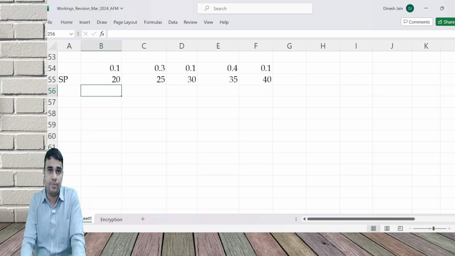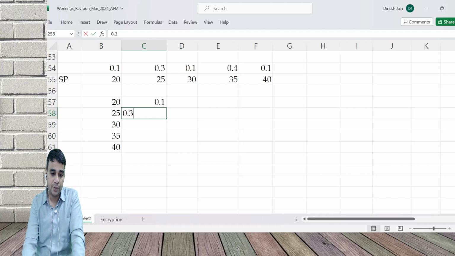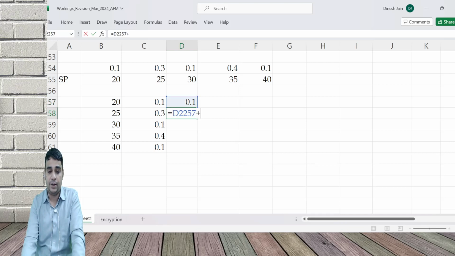Once you give these numbers, I will put this data in the form of a random number table. What is a random number table? Start with 20, 25, 30, 35, 40. These numbers are there, and the probabilities are there: 0.1, 0.3, 0.1, 0.4, 0.4. I'll calculate something called cumulative probability.